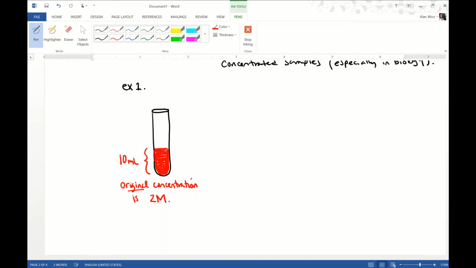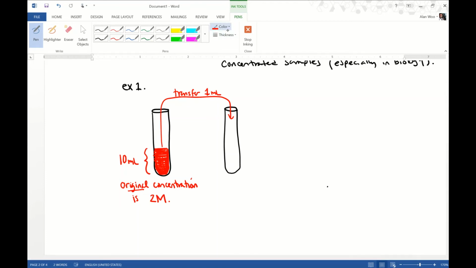Okay, right now it doesn't matter what factor I use, to be honest. Okay, but if I were to take another test tube, and I'm going to draw it right about here so I have enough room. It's the same size test tube, but what I'm going to do is transfer 1 milliliter. Okay, so from the 10, I'm going to transfer 1 milliliter of this substance into this test tube here.